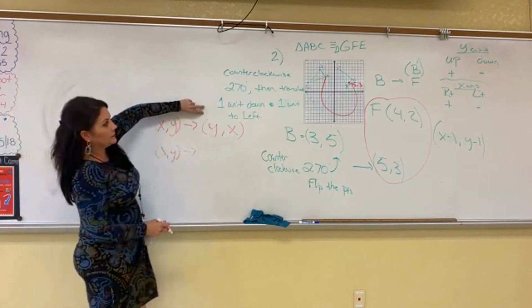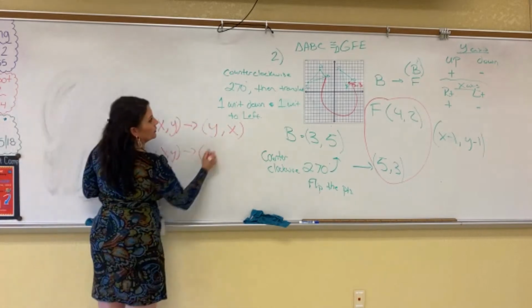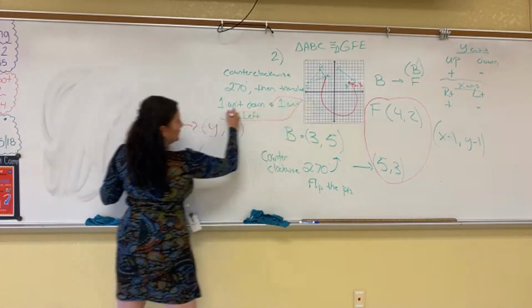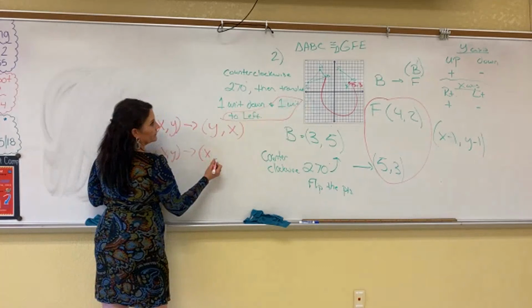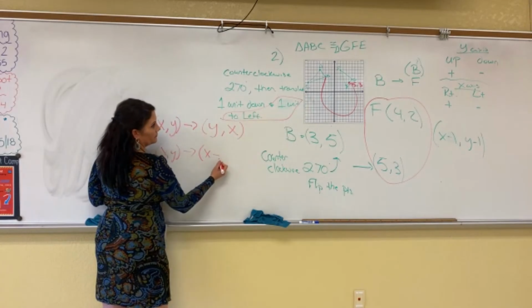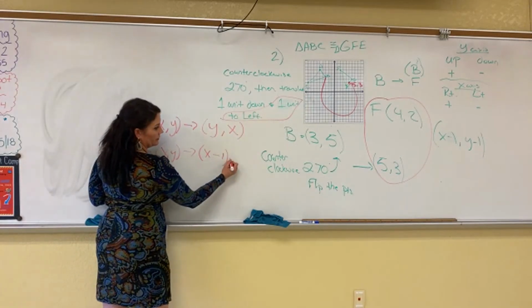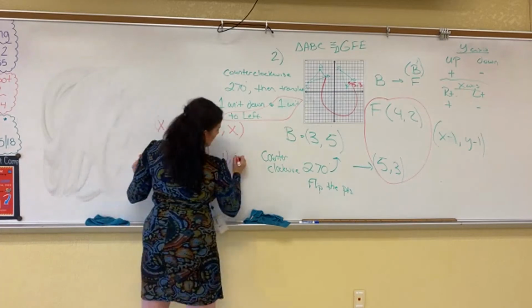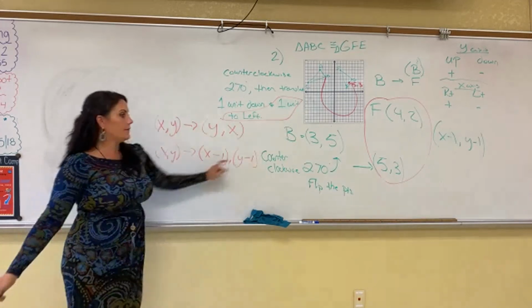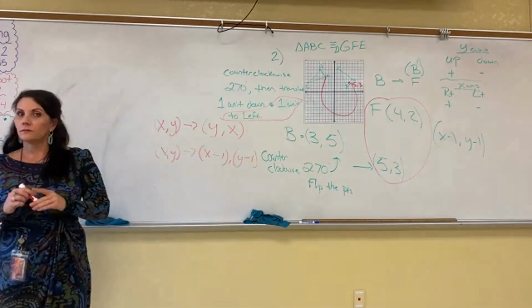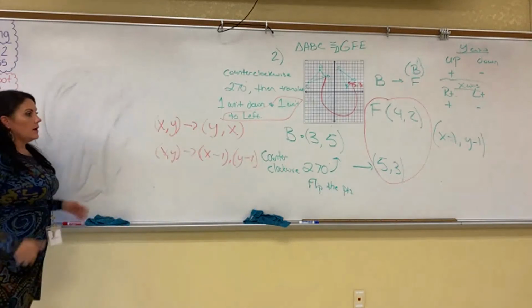Very interesting, because when we write this, we want to write that part first. So it's going to be X minus 1, comma, Y minus 1. So left, then down. And they will ask you to do that. And that's it.